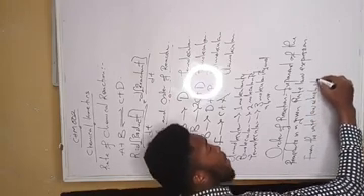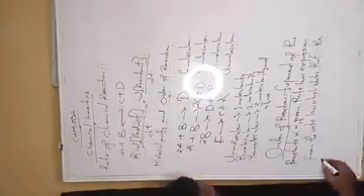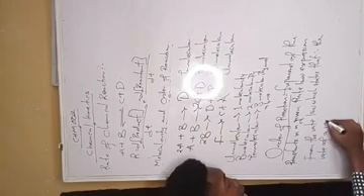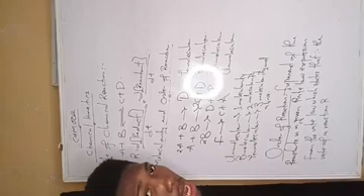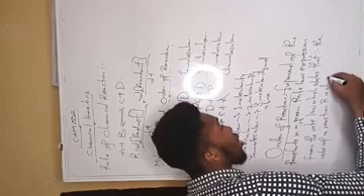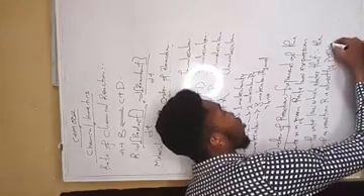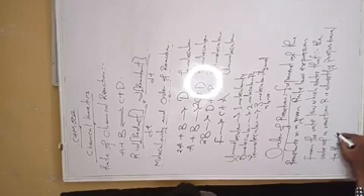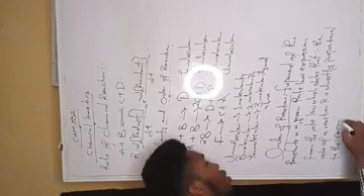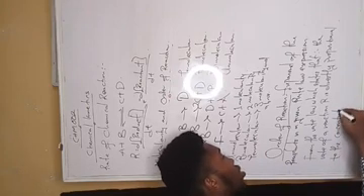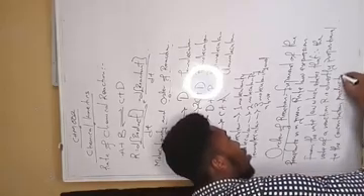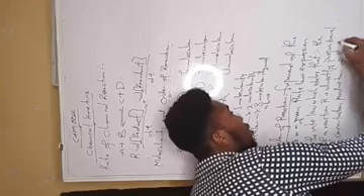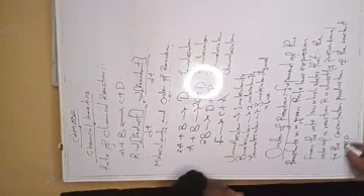write it down. Which states that the rate of a reaction R is directly proportional to the concentration product of the reactants in exponent of their orders.